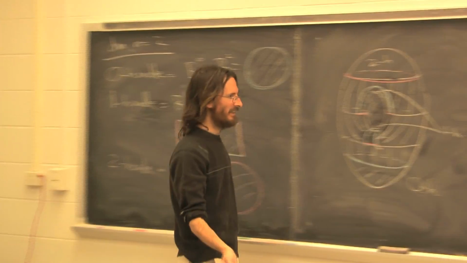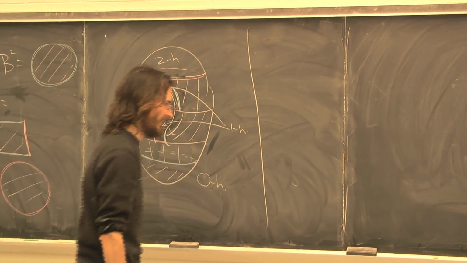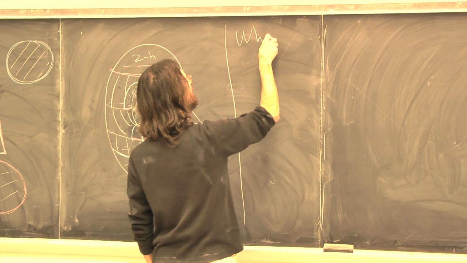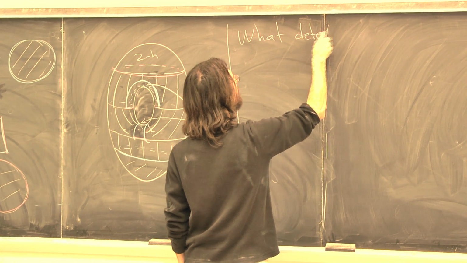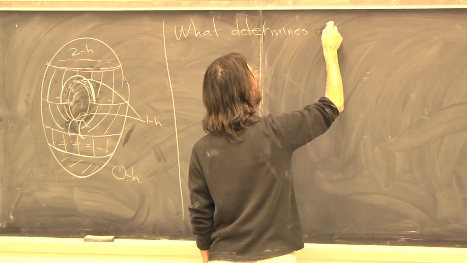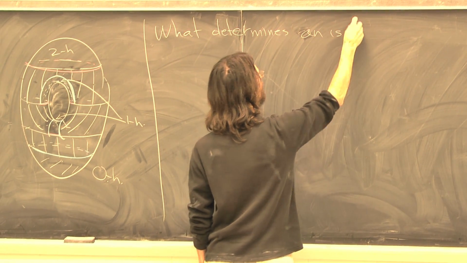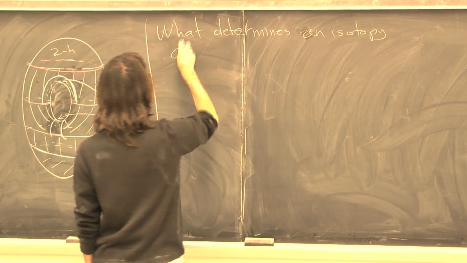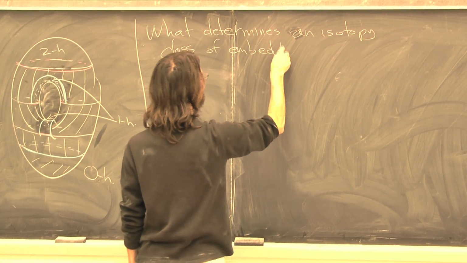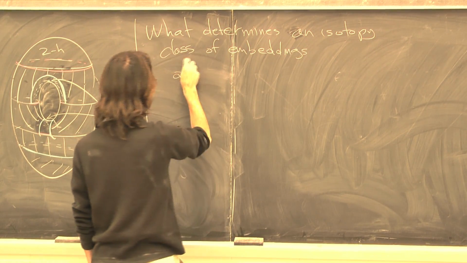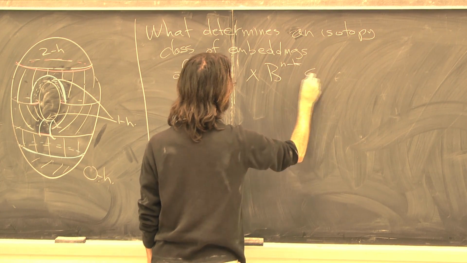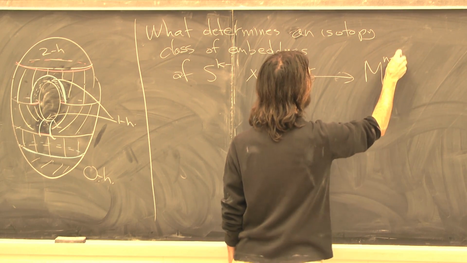So the general question that we're talking about here is what determines an isotopy class of embeddings of some S^(k-1) × B^(n-k) into some (n-1)-dimensional manifold, right?